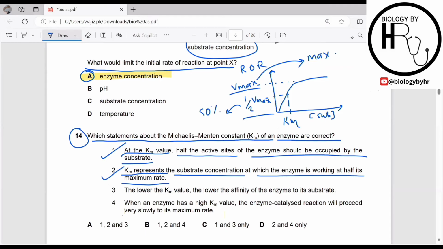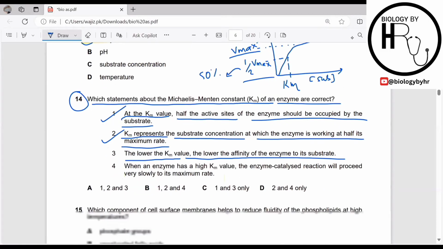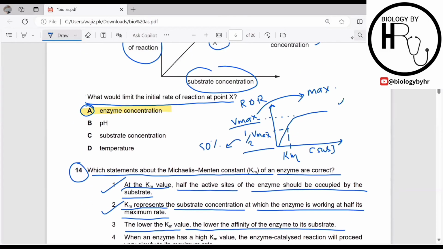Now, in statement 3, they are saying the lower the Km value, the lower the affinity of the enzyme to its substrate. Now the point we should understand over here is that whenever there is a lower Km value, it means that a lower substrate concentration is required to fill the 50% of the active sites of the enzyme with the substrate, so the affinity will be higher, higher affinity between the enzymes and the substrate.